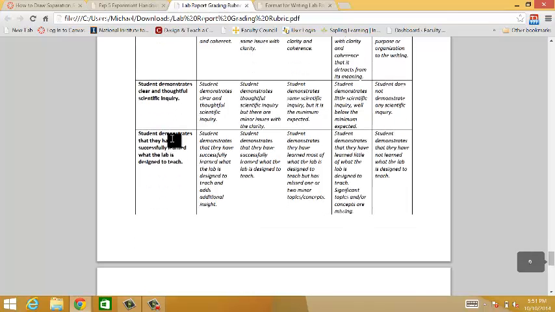A little bit harder to define, but scientific inquiry would be, I would consider that to be supporting your data, supporting your conclusions in discussion with actual data. Because if you just say, my product was pure and you include nothing, that's not thoughtful scientific inquiry, because you didn't provide any evidence. Students demonstrate that they have successfully learned what the lab is designed to teach.